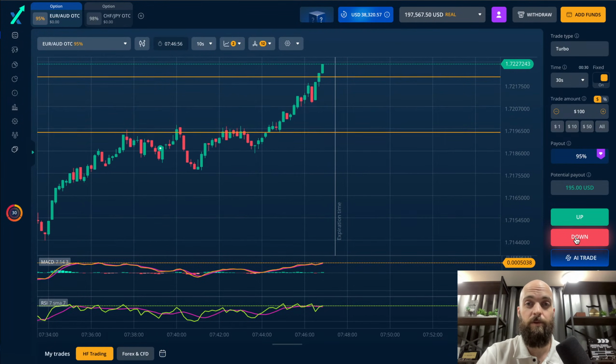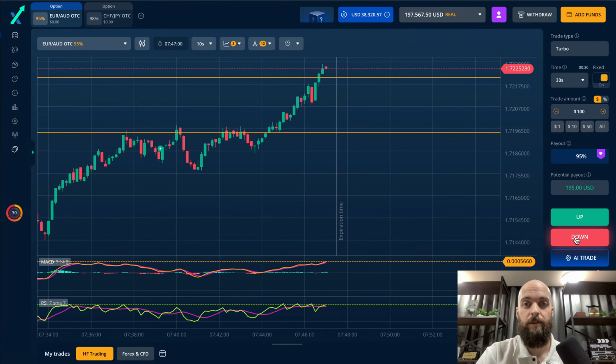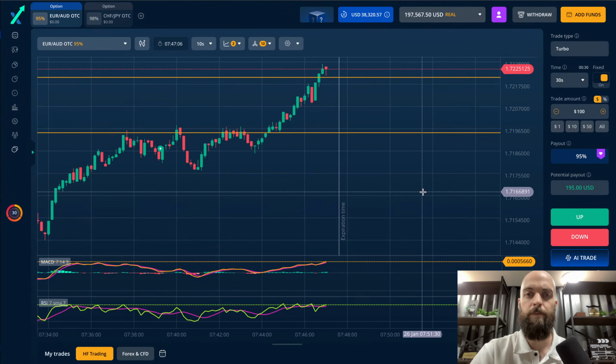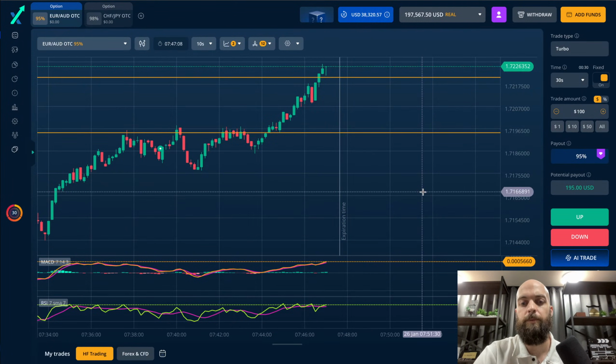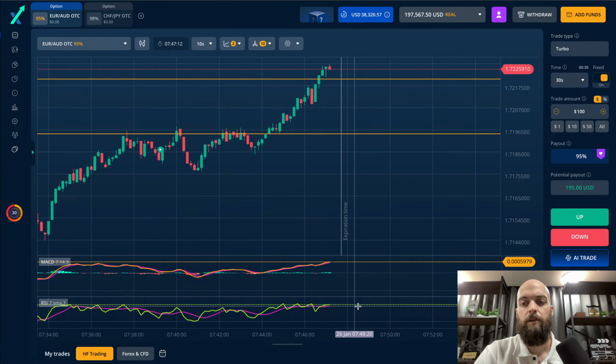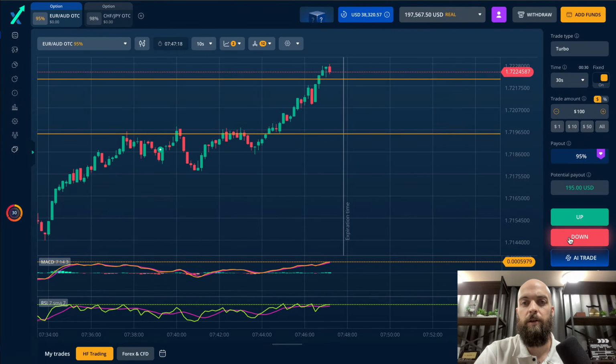I don't feel safe to do a put yet. We've got a lot of green down here on the histogram. But we can kind of see momentum getting stretched out down here on the RSI. So I think we might be okay.